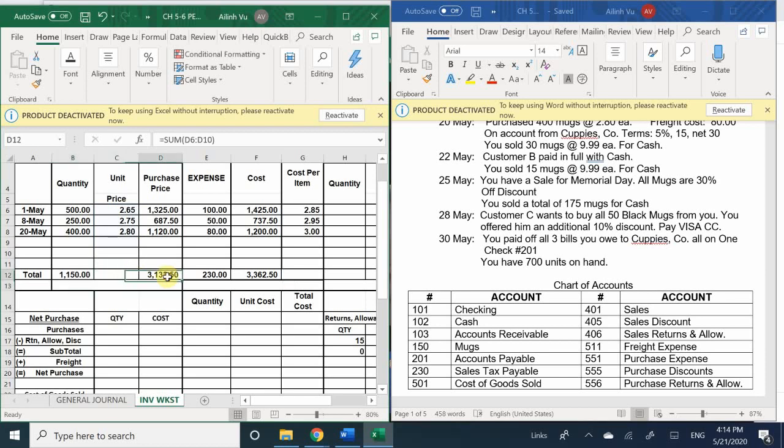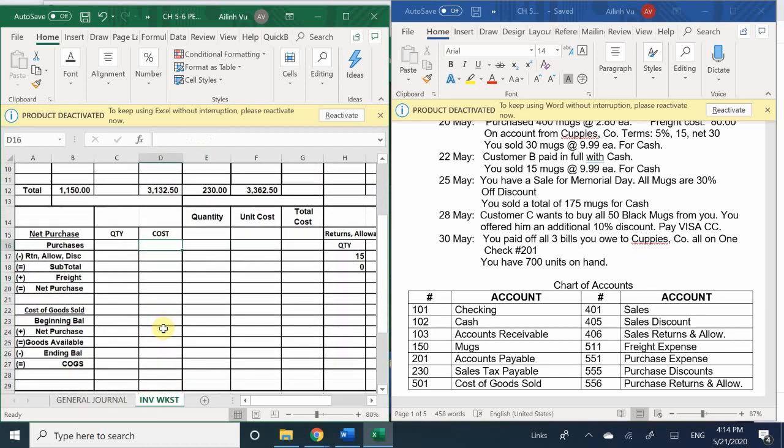Here we got a total of our purchases without freight, which is $3,132.50. We recognize that our total freight is $230, and our total is $3,362.50. All right. Now that we solved for this, let's go ahead and fill out the rest of the chart.